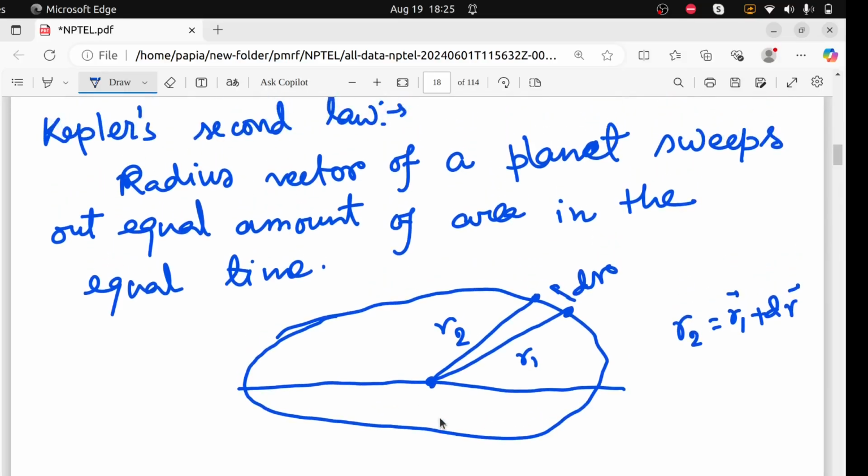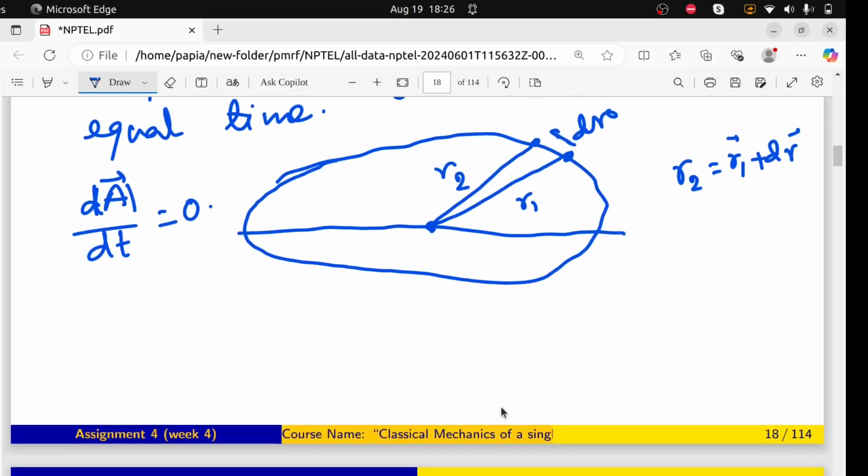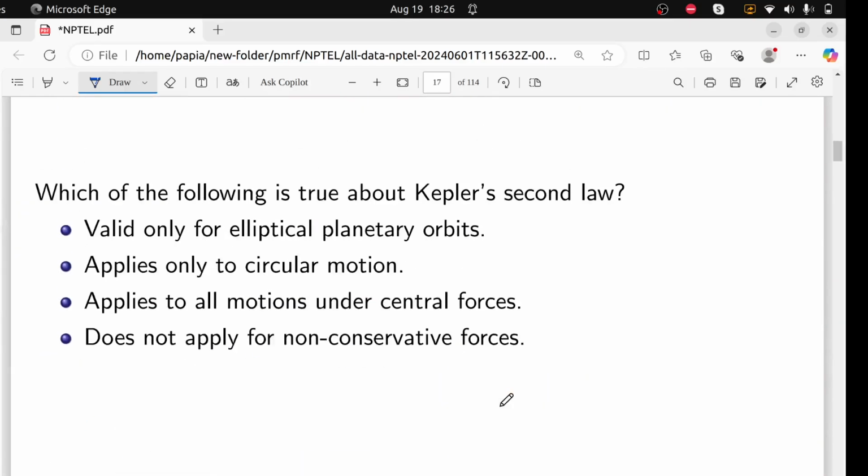So Kepler's second law told that the radius vector of a planet sweeps out equal amount of area in the equal time. That means dA by dt equals 0, where A is the area vector, and A is constant with respect to time. Yes. So this is the second law. Okay, which of the following is true about Kepler's second law?